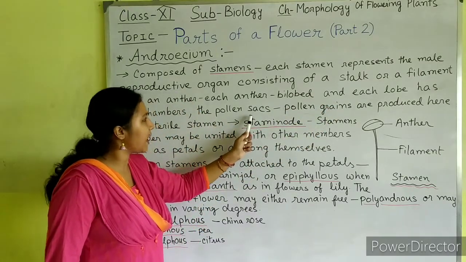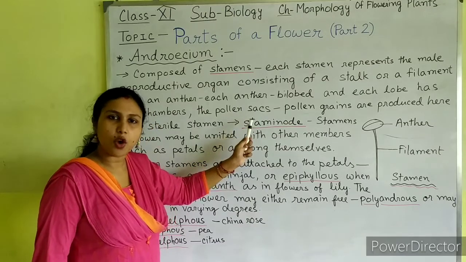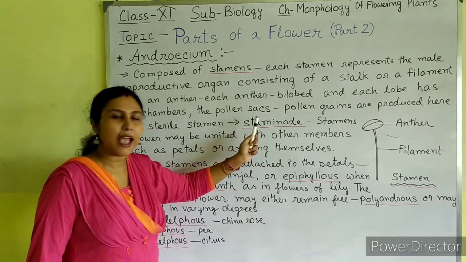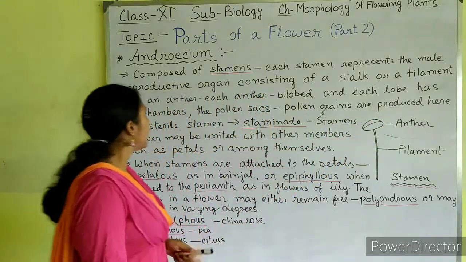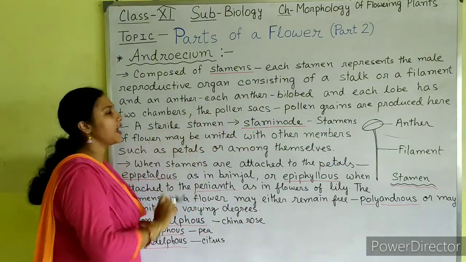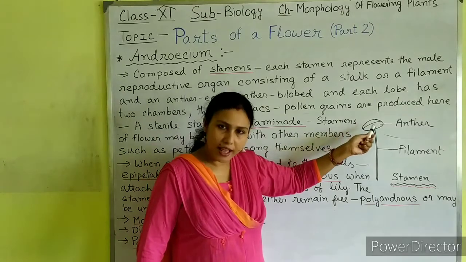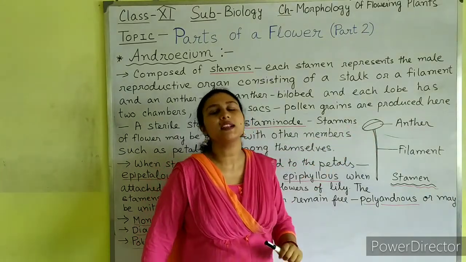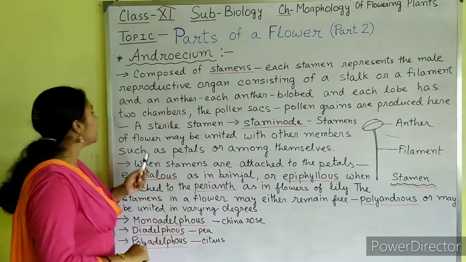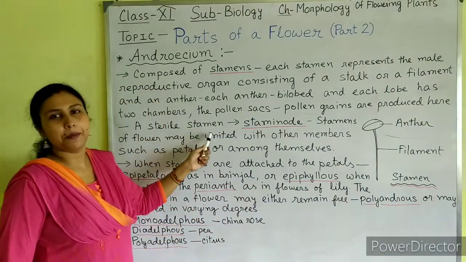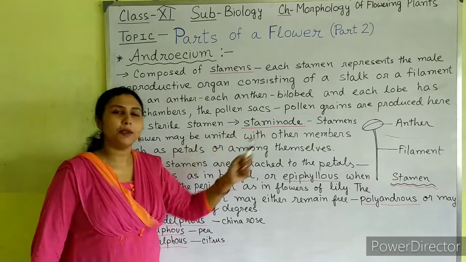The chambers are called the pollen sacs, and pollen grains are produced here. That means in these pollen sacs present in the anther, the pollen grains are produced. A sterile stamen is called a staminode.